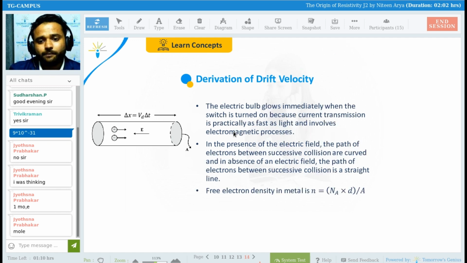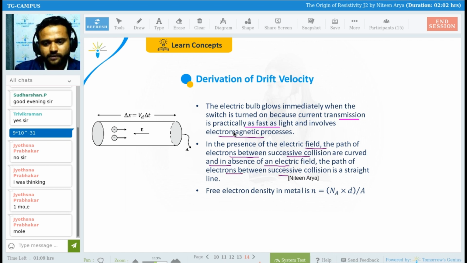The electric bulb glows immediately when the switch is turned on, because current transmission is practically as fast as light and involves an electromagnetic process. In the presence of an electric field, the paths of electrons between successive collisions are curved, and in the absence of an electric field, the path of electrons between successive collisions is a straight line.